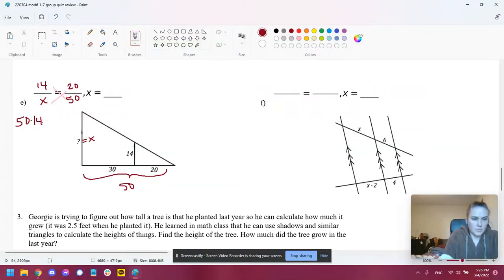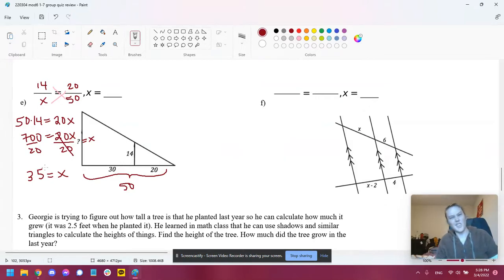Get 50 times 14 equals 20x. 50 times 14 is 700. Divide both sides by 20. We get 35. Is that true? It is true. Nice. So we get 35 here.